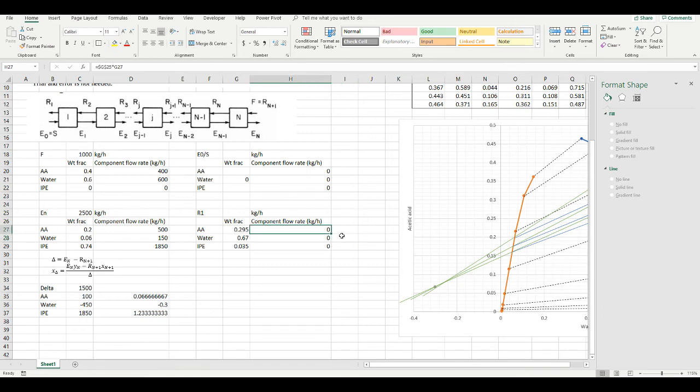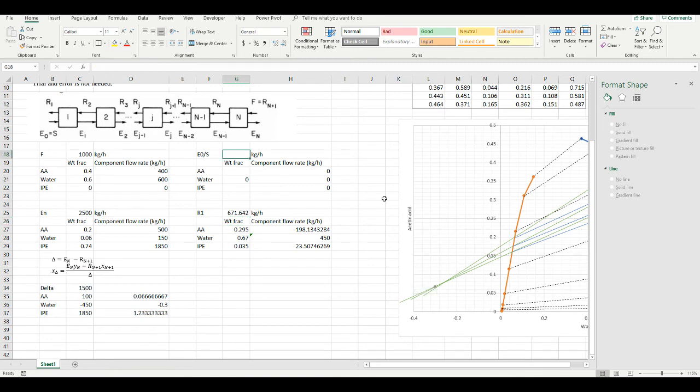Therefore, this flow rate is equal to 600 minus 150, which is 450. Since we know the composition of this stream, we can find the total flow rate by simply dividing by the weight fraction, which gives us 671 kilograms per hour.